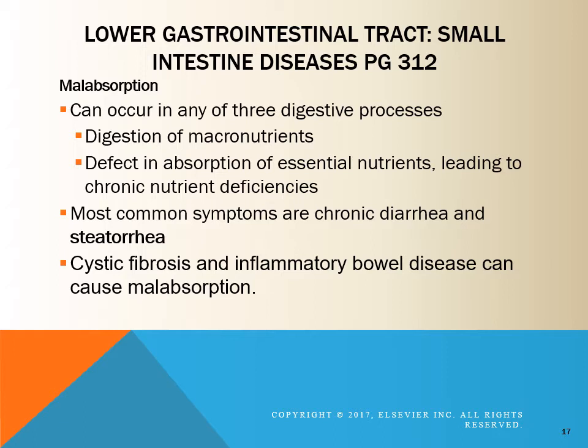The most common problems here with malabsorption in the small intestine include chronic diarrhea and steatorrhea. Steatorrhea is fatty diarrhea, where there's an excessive amount of fat in the feces, which is often caused by malabsorption diseases. Also, cystic fibrosis and inflammatory bowel disease can cause malabsorption.